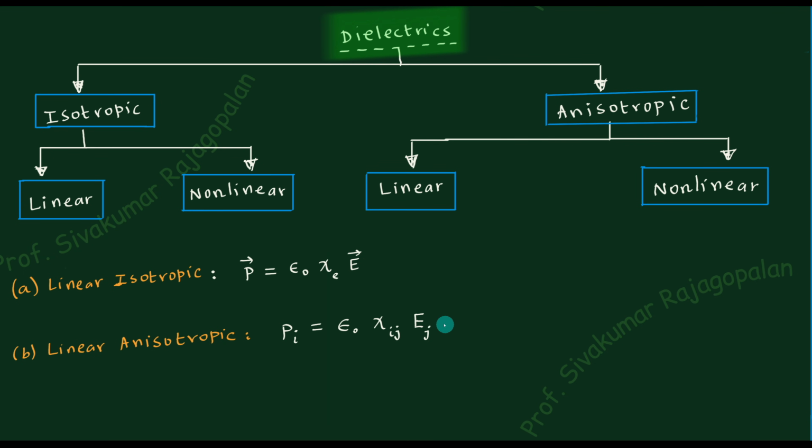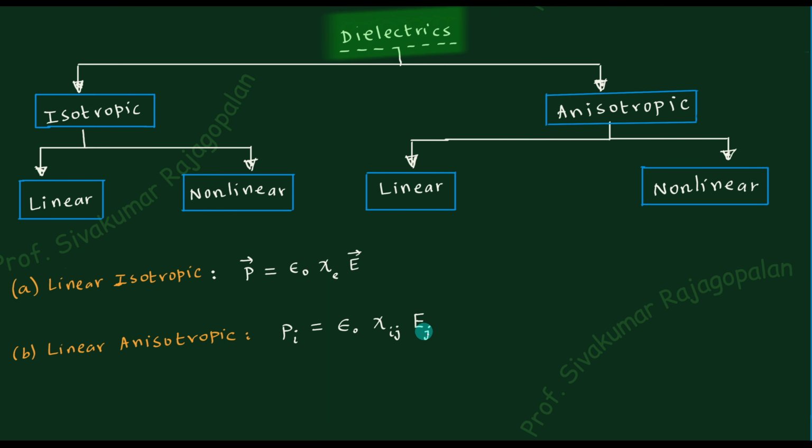So here the point to be noted, that E, electric field, is a vector, right? But how do you write like this? So here there is a vector quantity, but here we don't write it as a vector. Okay, the reason is quite clear. Ej means E1, E2, E3.